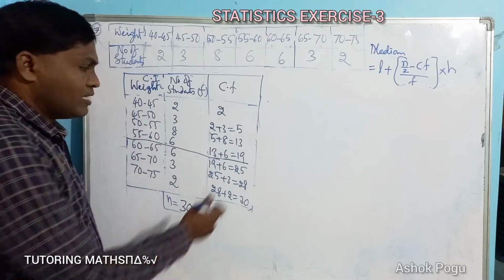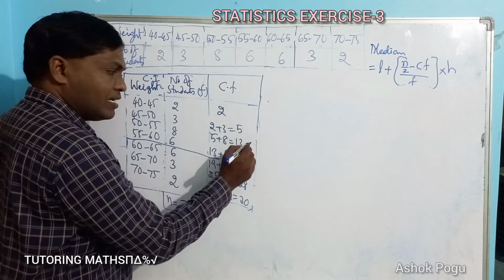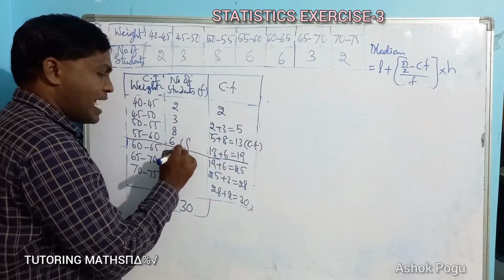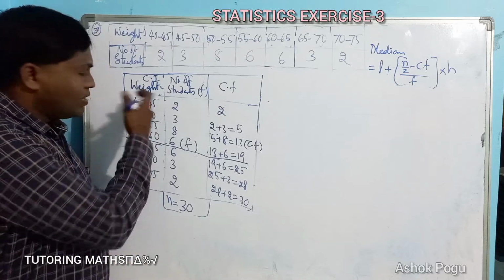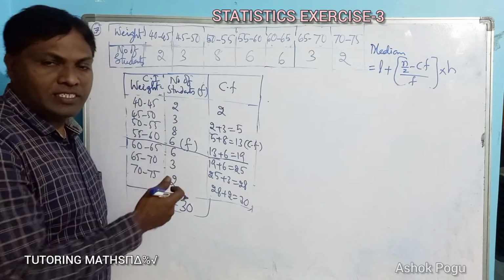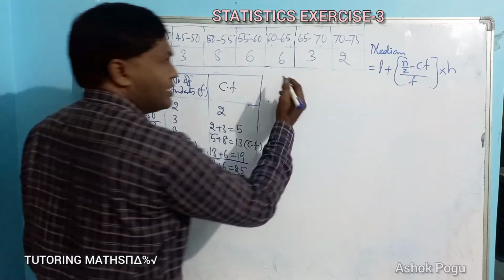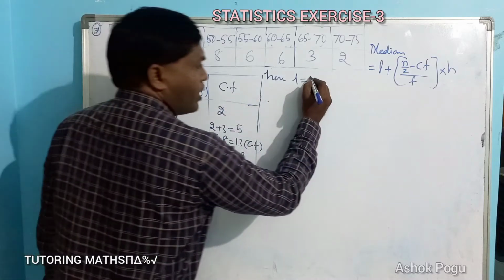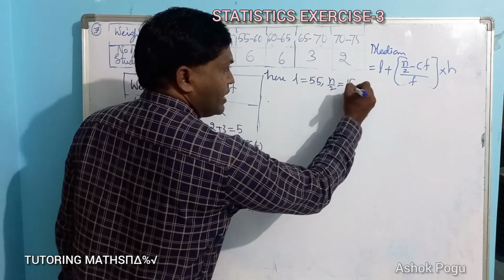We have selected the median class. The preceding cumulative frequency is CF, the median class frequency is f, and this is the lower boundary. These are continuous classes, so there is no confusion. Let us write L. What is L? 55, and n by 2 is half of 30, 15.